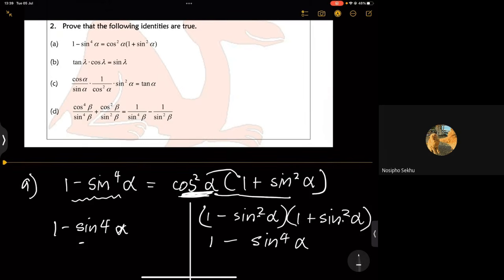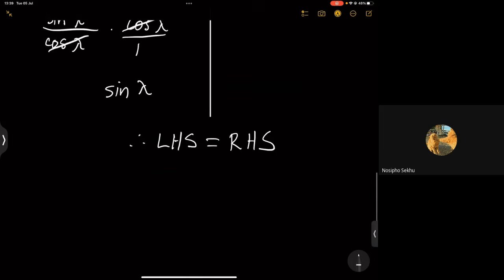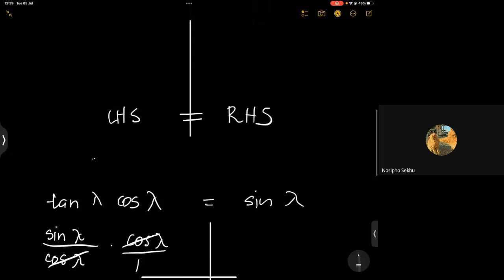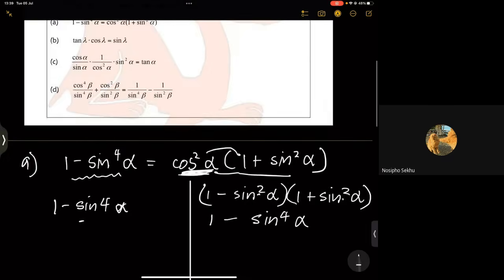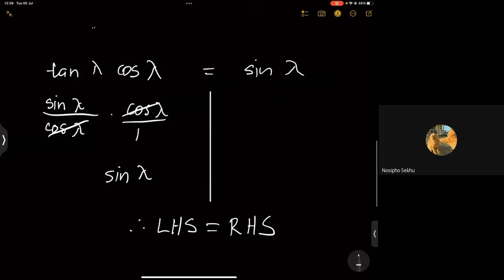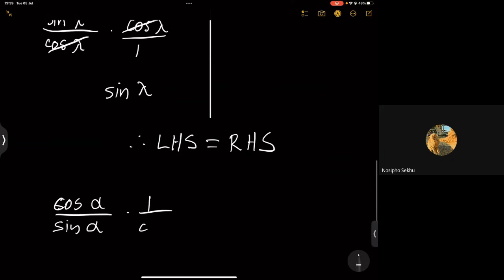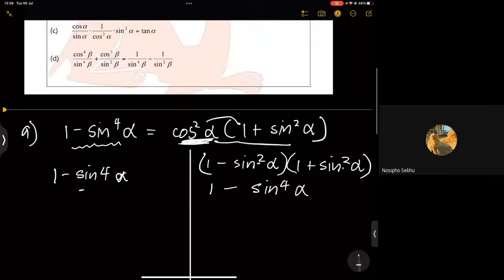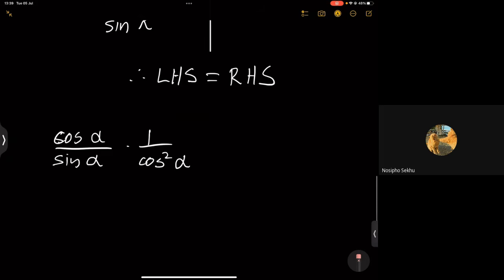So we've got cos of alpha over sine of alpha, multiplied by 1 over cos squared of alpha, times sine squared of alpha.